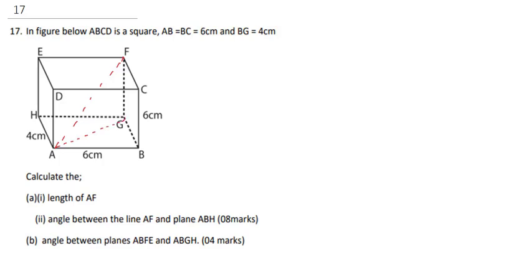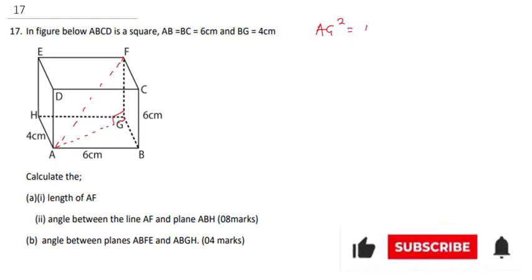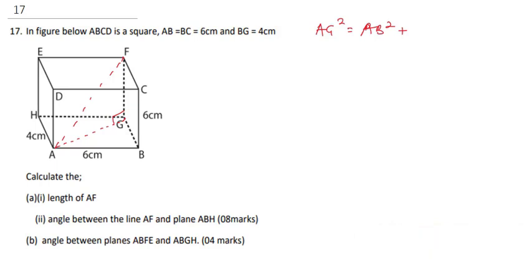So for me to find this AF, I need to look for something like this, AG. Now, this will be a 90 degree angle, and I can use my Pythagoras theorem to solve for my AF. Notice that this is 6 and this is 4. So I need to find AG first. AG square is going to be the same thing as AB square plus BG square.